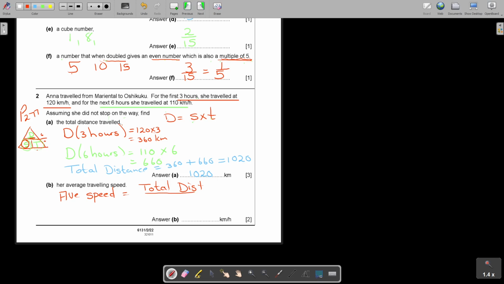The total distance is 1020, and the total time is the 6 plus the 3, so the total time is 9 hours. So if you take 1020 and you divide it by 9, you get 113.3333. First write down that full calculator display.